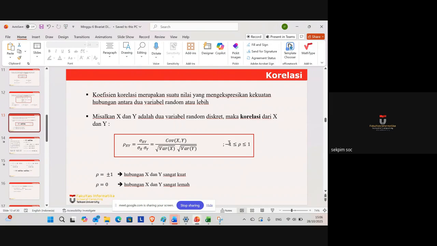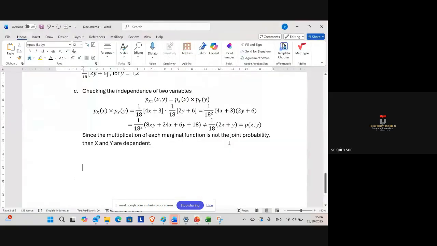Negative means that when x goes up, y goes down, and vice versa. Okay, I think that's all I wanted to tell you.